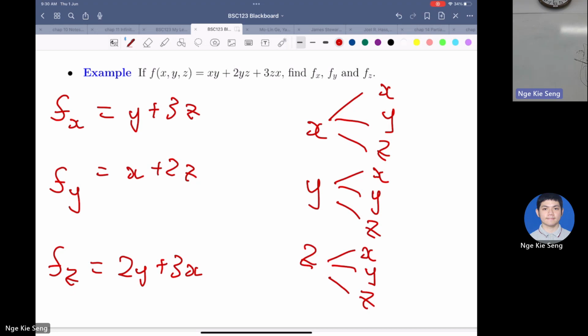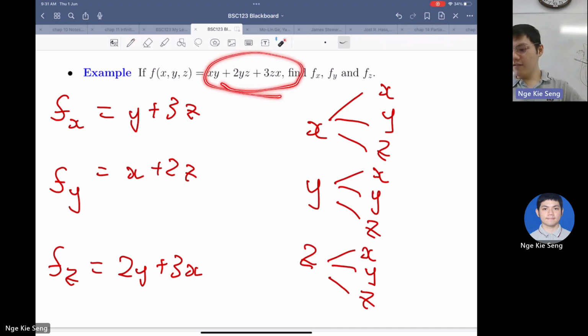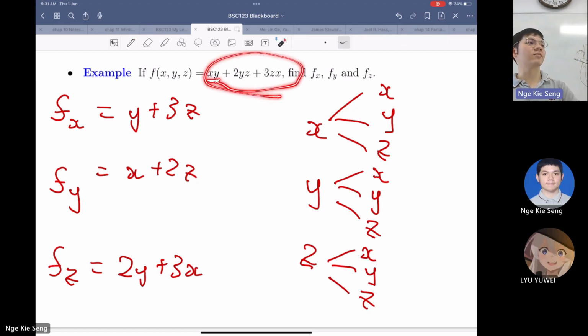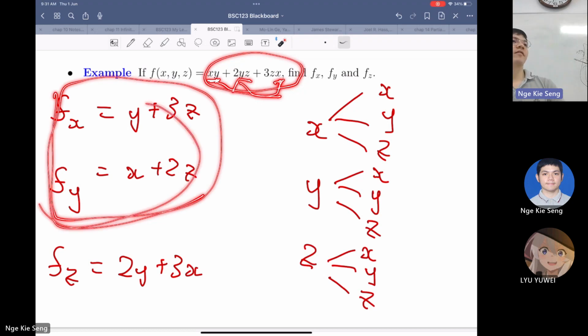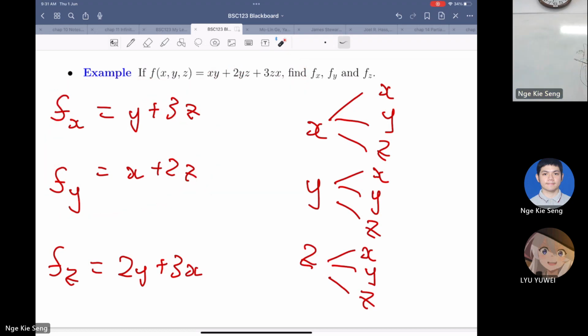Because your original equation, if you swap x and y, you still get the same equation. Can you see it? So this implies that fx and fy are the same up to swapping x and y. If you swap y and x, you get the other one.